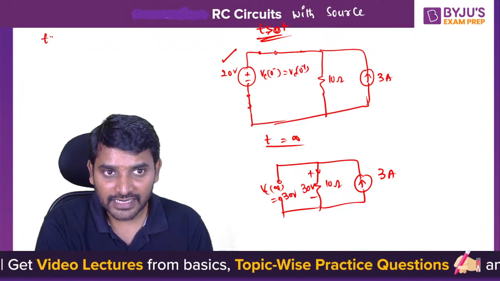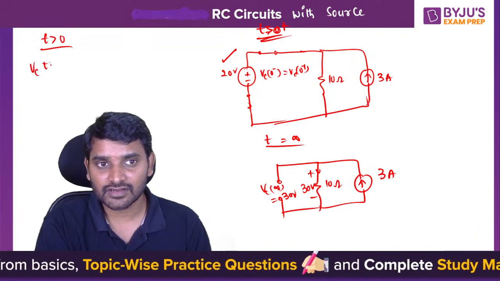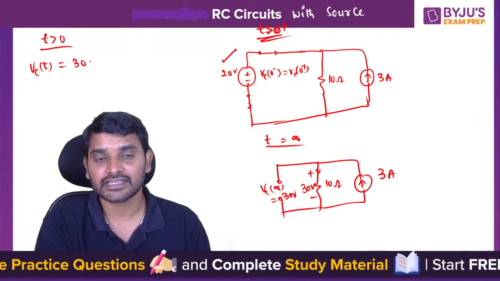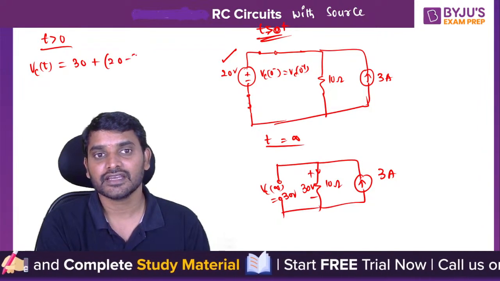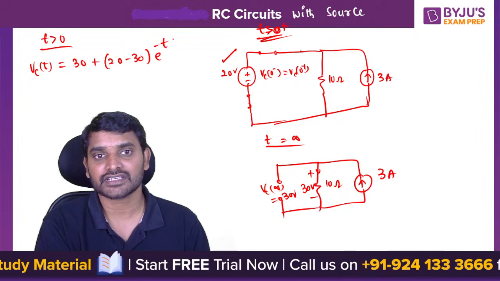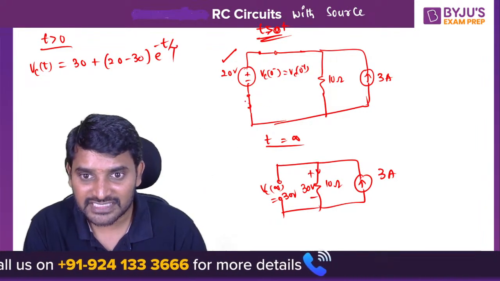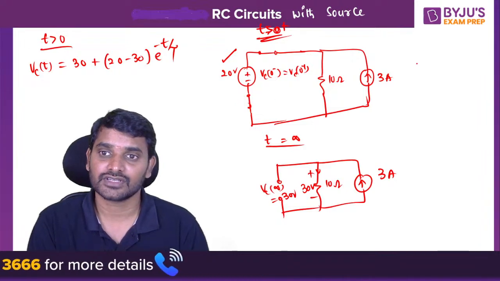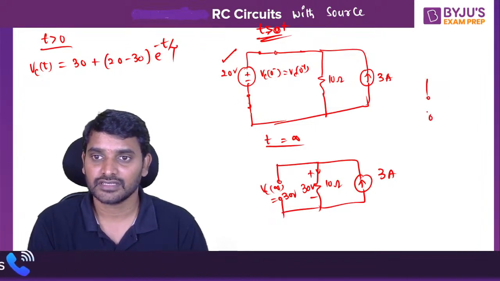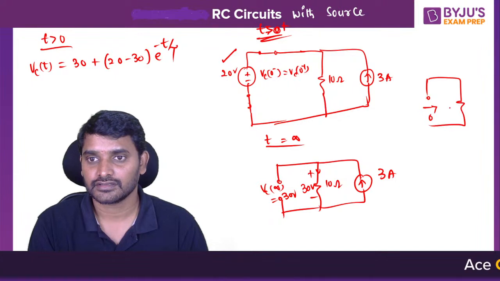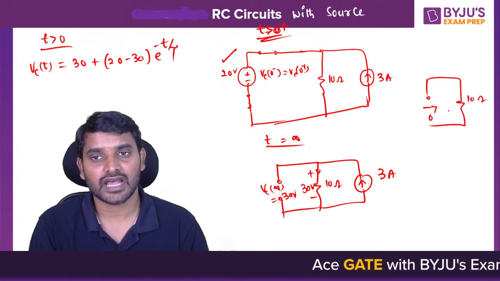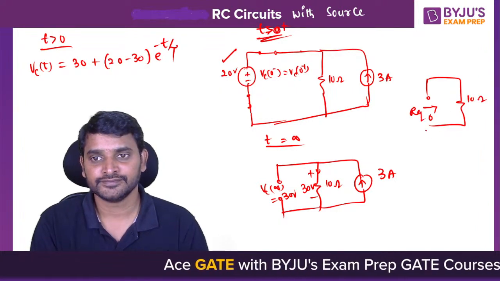Now for t greater than 0, Vc of t: final value is 30, initial value is 20, so 30 plus (20 minus 30) into e power minus t by tau. What is tau? You have to see from the capacitor. If you see from the capacitor, R equivalent will be 10 ohms.